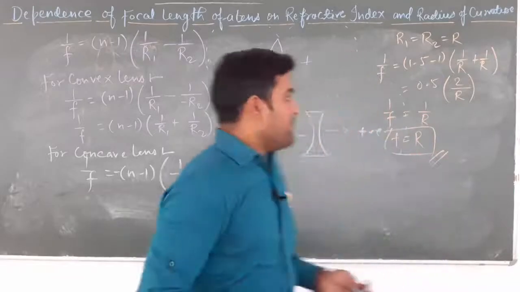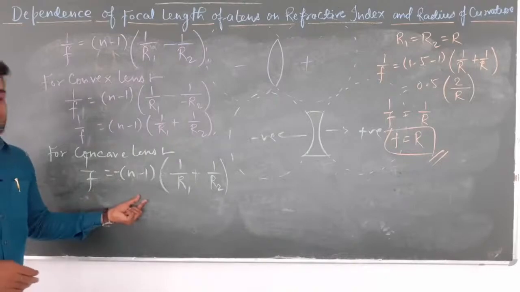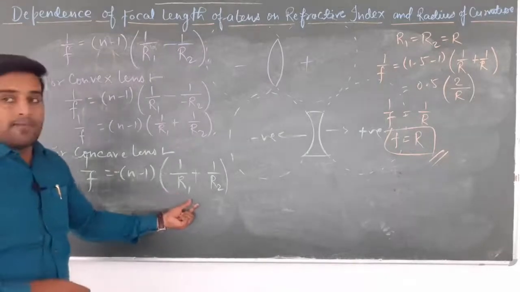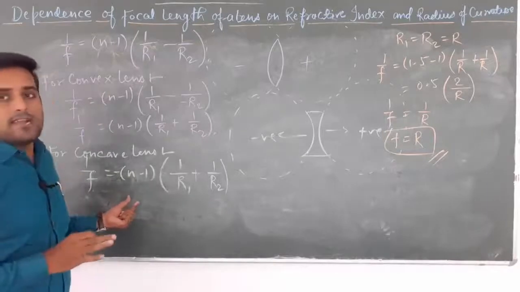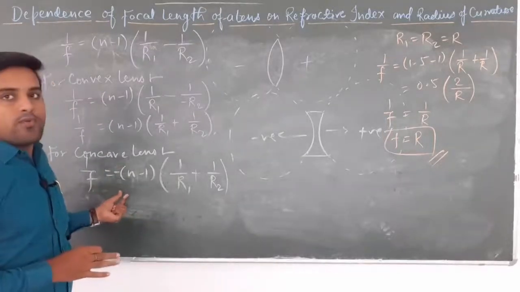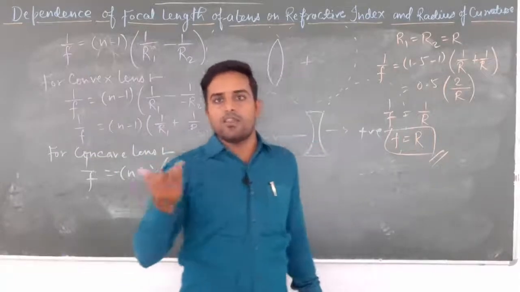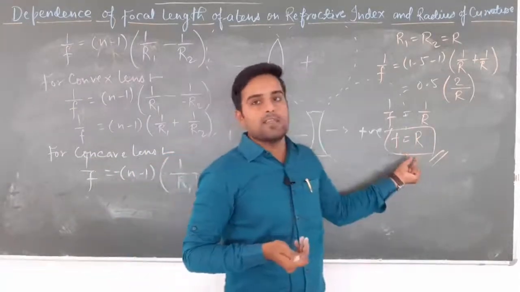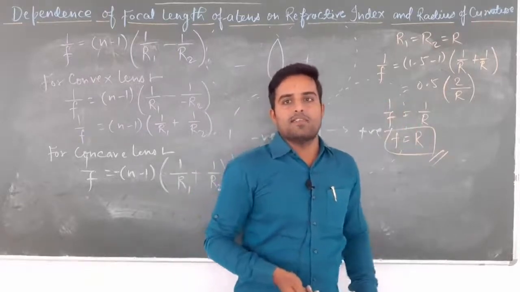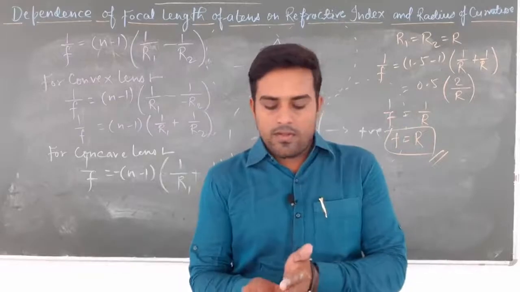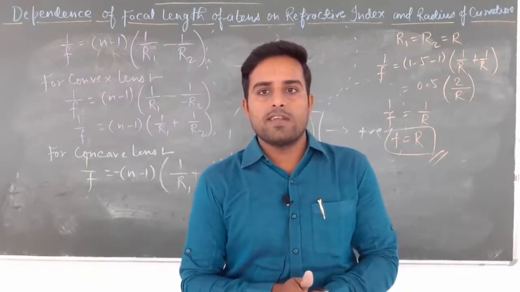In the same way, for the concave lens it also depends directly. The only difference is that for a concave lens the focal length will be negative, meaning the image forms virtual on the left side, while here the focal length will be positive because the image forms on the right-hand side. So we have discussed how the focal length depends on the radius of curvature and the refractive index.